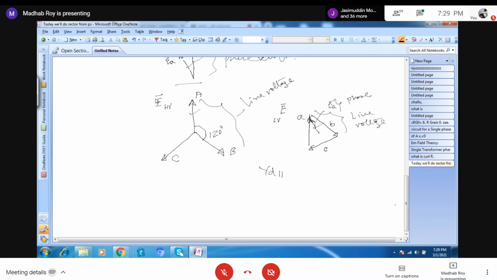So here we have understood the connections. Now, what is the observation for star to delta? Basically, it is called the star delta connection. So, what is the observation in a star delta?